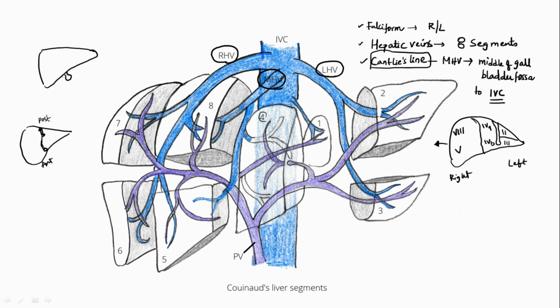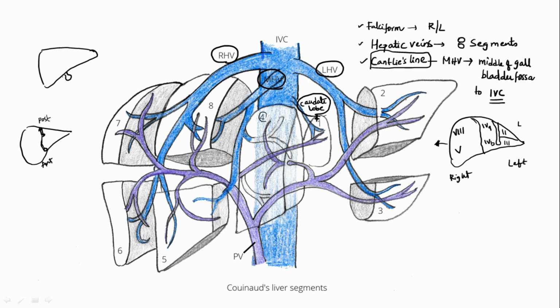Most left side we have segment 2 and segment 3. So what are all the total segments? Segment 1 is not present on the frontal view. It is the caudate lobe of the liver which forms segment 1. It is present posteriorly.